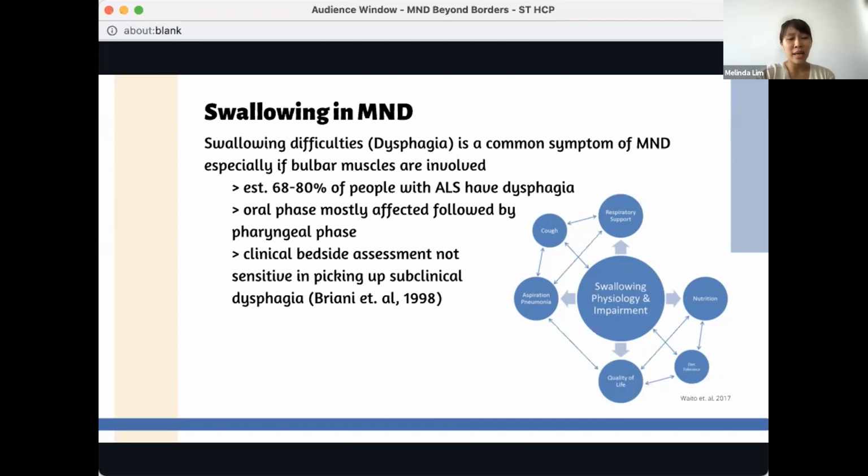It was seen that having a clinical bedside assessment, which I will delve a little bit more into later, is not always that sensitive in picking up subclinical dysphagia. So we can't just rely on looking at how a person eats and drinks.